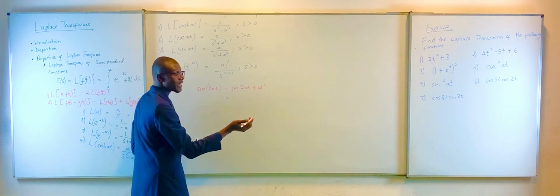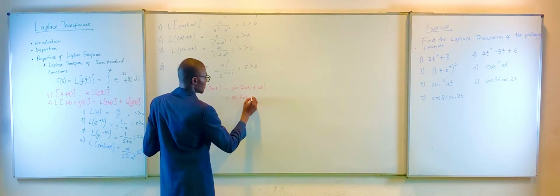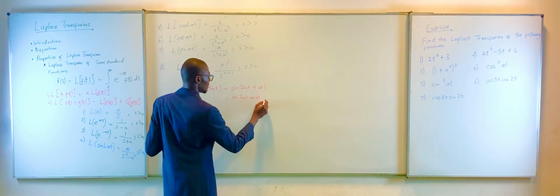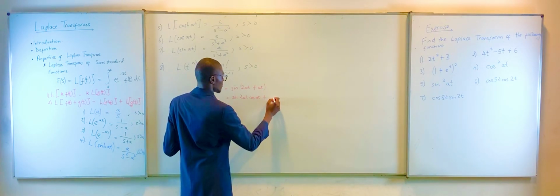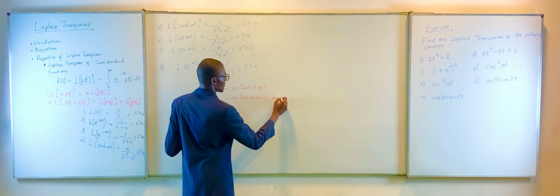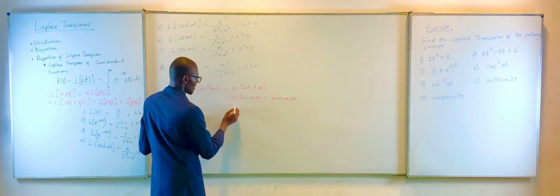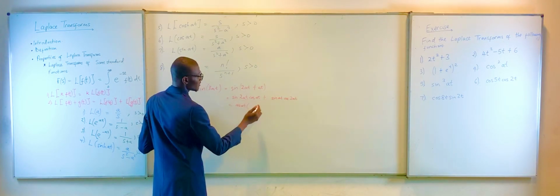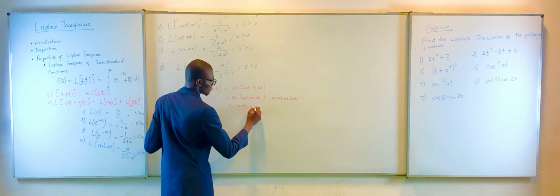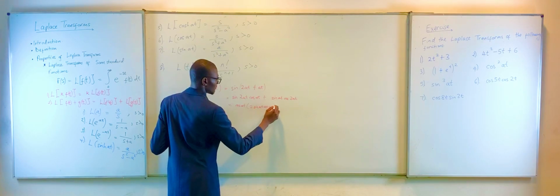Then here we can apply an identity that's sine 2at cos at plus cos 2at sine at. Exactly. Then we now say sine 2at is 2 sine at cos at.